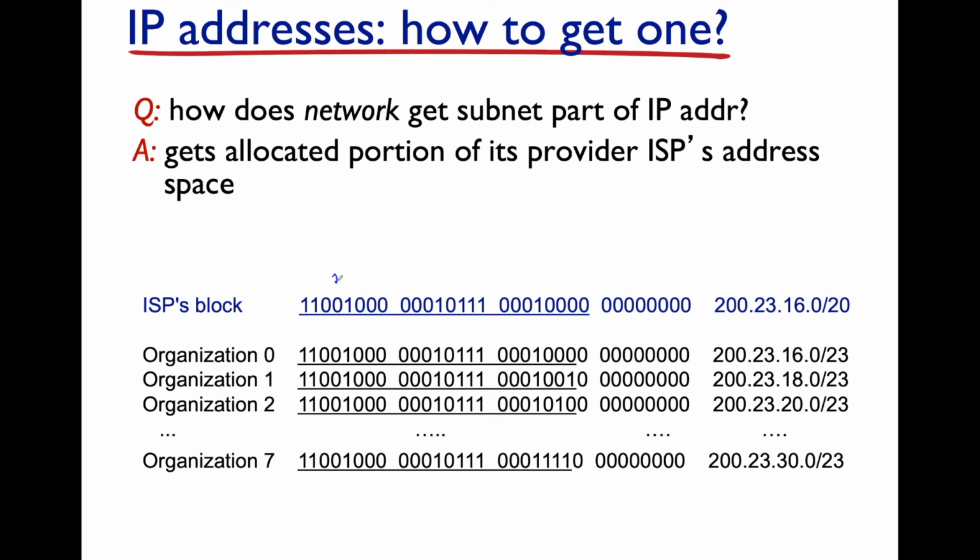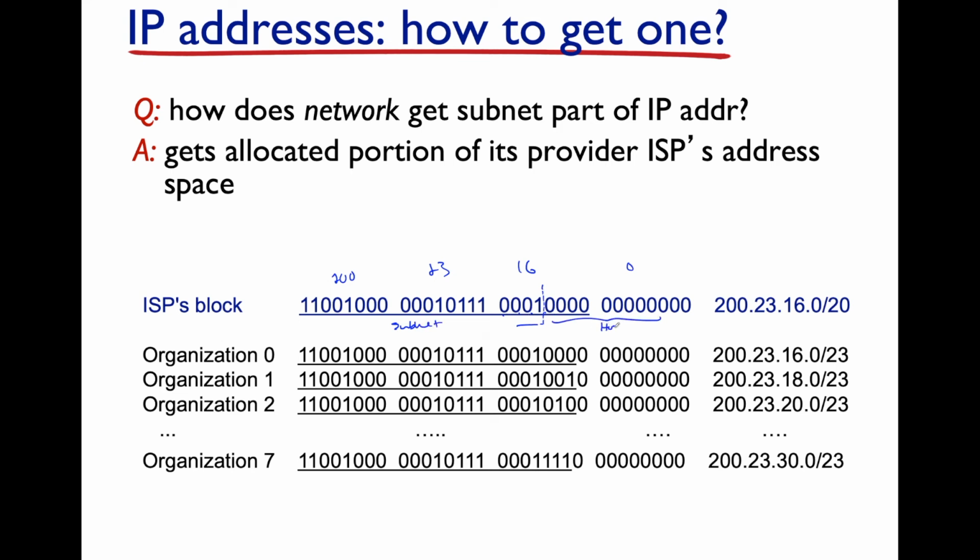And so here we have an example, an internet service provider. This is 200 in decimal. We have 23, 16, 0, and the subnet mask for the ISP is 20. So we have 8, 16, and 17, 18, 19, 20. So the subnet mask chops off here. This is the subnet, and this is the host part.